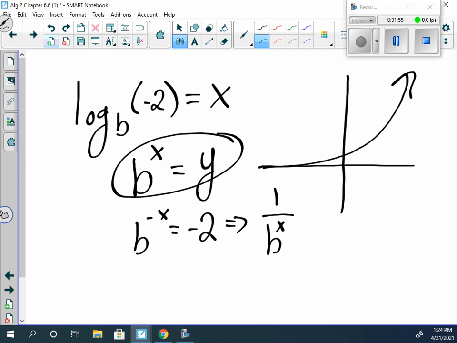So if y can't be negative, what's inside a logarithm can never be negative, because I can't have an exponential function equal a negative number. Does that make sense? So that's one thing we need to be careful of and be looking out for.